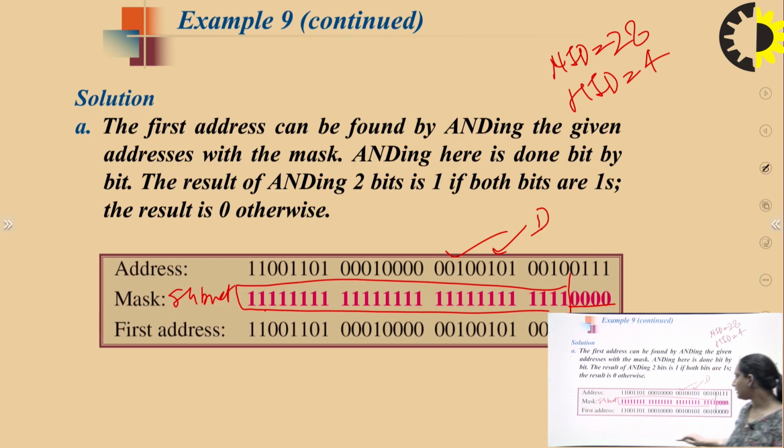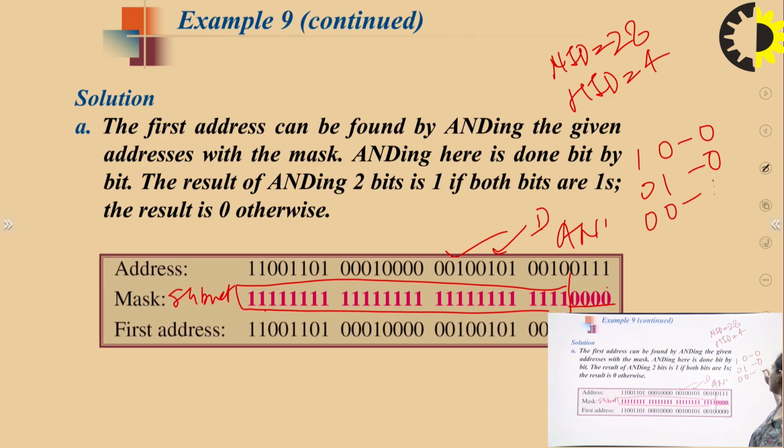So we perform the ANDing operation. For ANDing: 1 and 0 is 0, 0 and 1 is 0, 0 and 0 is 0, and 1 and 1 is 1. This is the operation, and the result gives the first address.